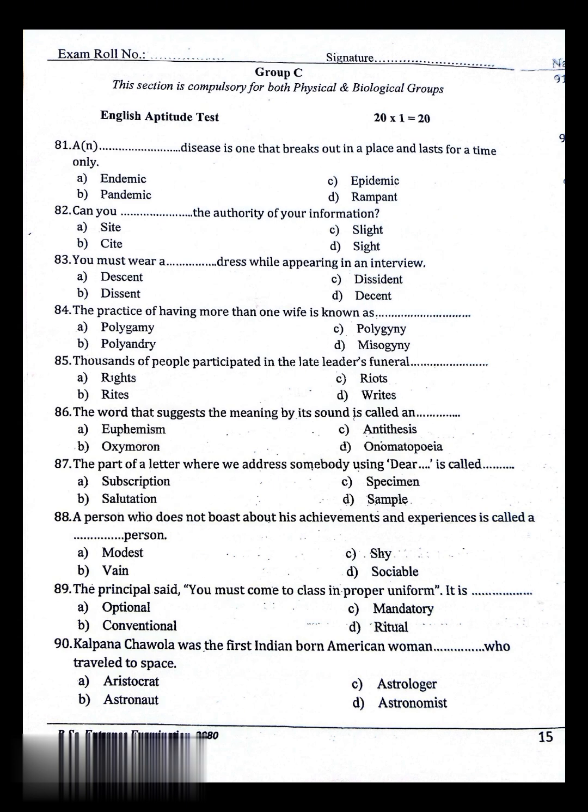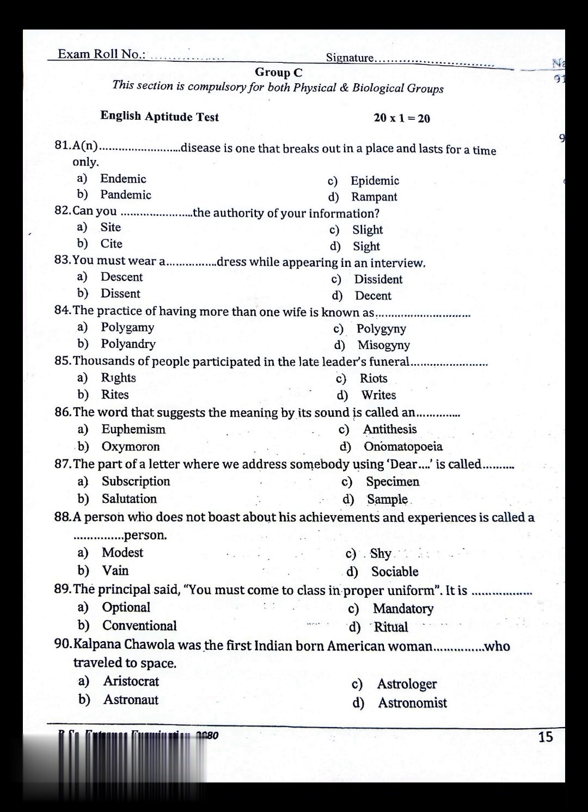The practice of having more than one wife is known as... Read all four. 85. Thousands of people participated in the late leader's funeral. A, Rites; B, Rights; C, Writes; D, Rites.